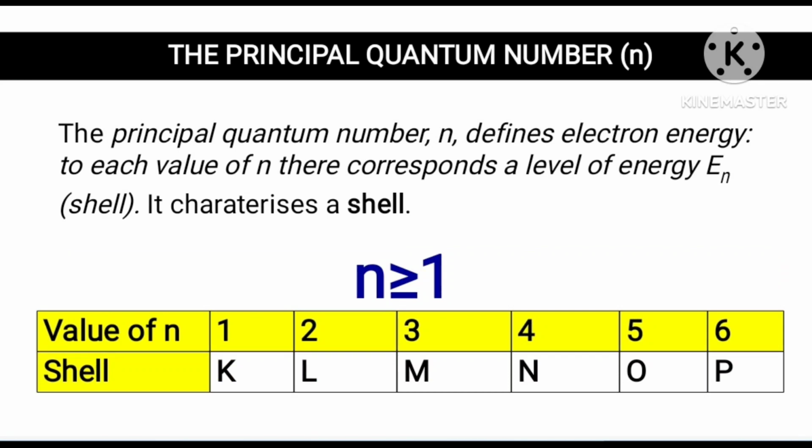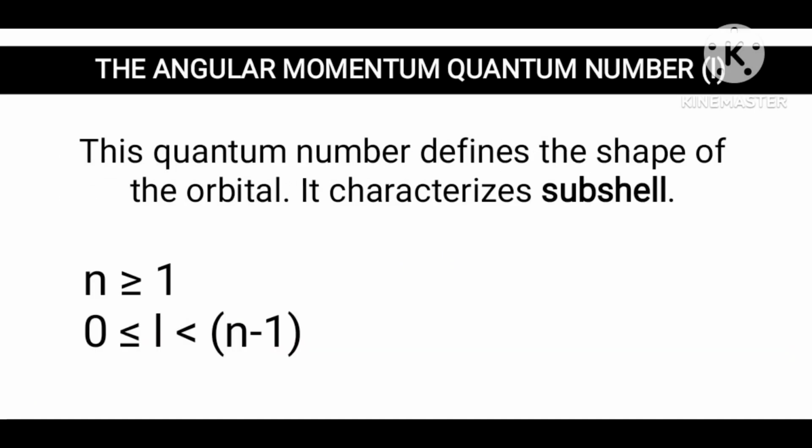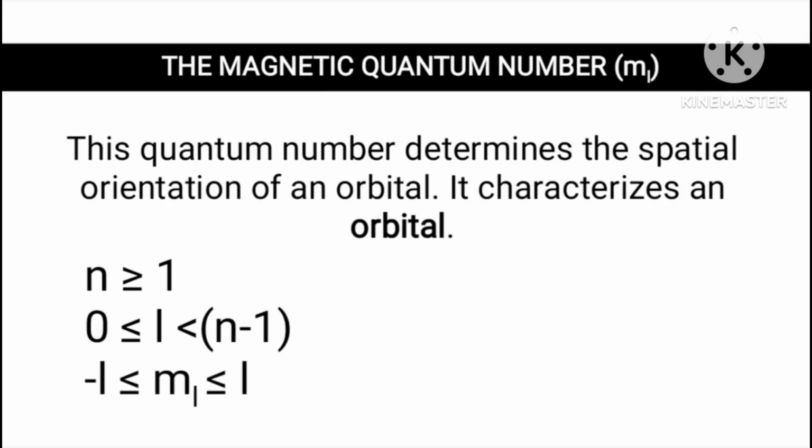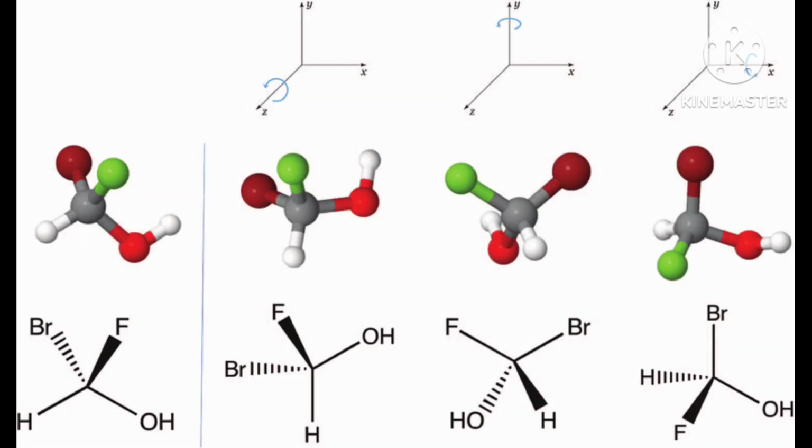So, again, let's remember: the principal quantum number characterizes a shell, and the angular momentum or orbital quantum number, l, characterizes a subshell. Let's now continue. The next one is the magnetic quantum number, ml. It characterizes an orbital, and it determines the spatial orientation of an orbital, because we know molecules are not on a plane.